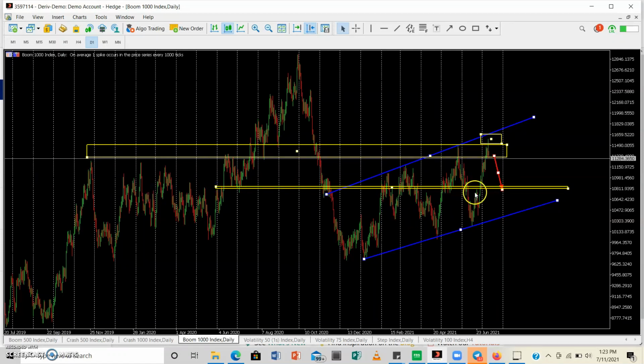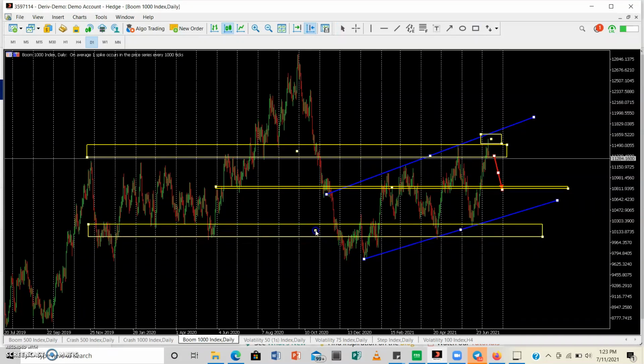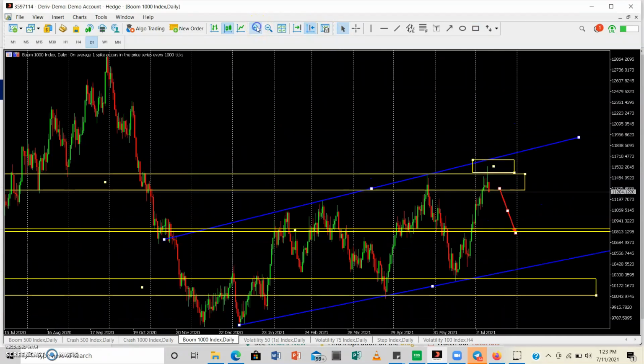So we're going to start off by targeting this zone, and maybe if we experience a breakout within this coming week, we will target these lower support levels. But as for now, I will be targeting first this position, or at least closer to this position, and see what price is going to be doing this week. So that's for Boom 1000.